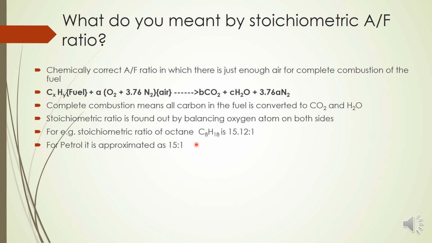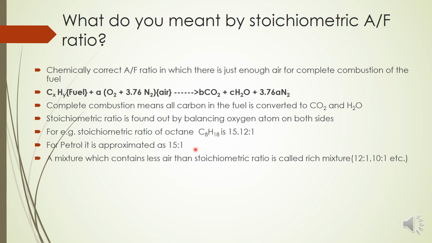Then what do you mean by rich mixture and lean mixture? That is another important parameter we are going to use in this session. So what is a rich mixture? A mixture which contains less air than the stoichiometric ratio is called a rich mixture.